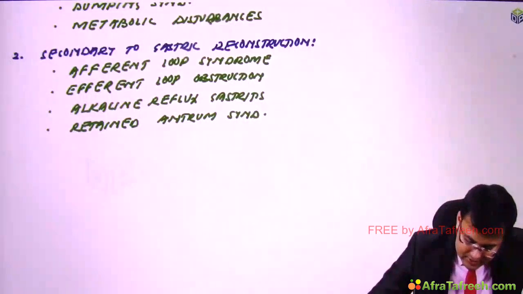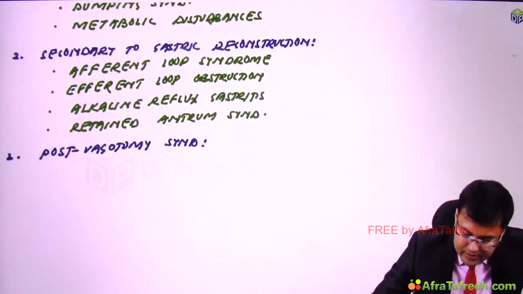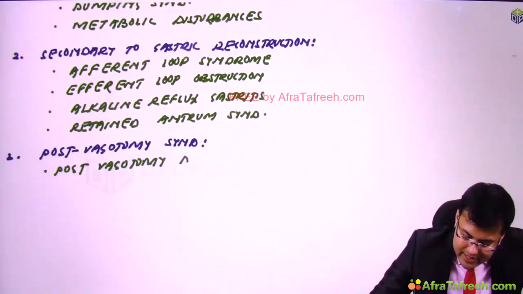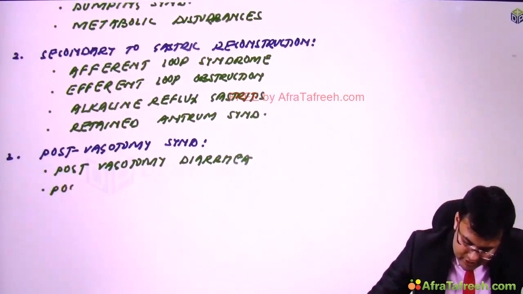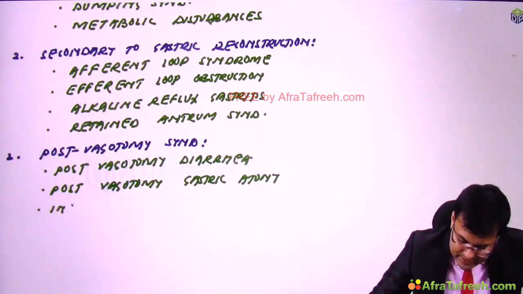Third set of complications. These are post-vagotomy syndromes, because of vagotomy. So post-vagotomy syndromes in which there is post-vagotomy diarrhea, post-vagotomy gastric atony, and incomplete vagal transection.